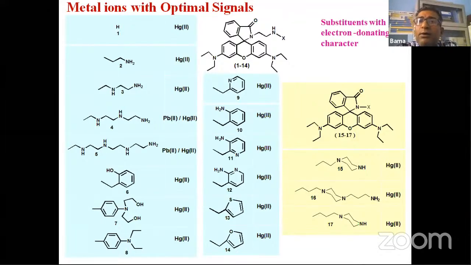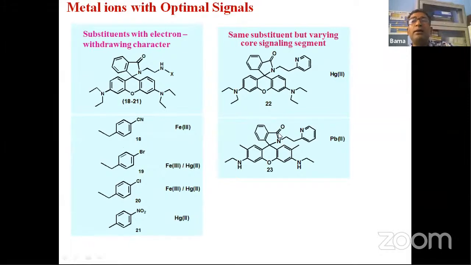We found that when this kind of molecule is substituted with electron donating character, basically they give selectivity towards mercury. Of course, there are a few deviations, but that depends on the electronic environment, the stereoelectronic condition of that molecule in that particular solvent. When an electron withdrawing group is attached here, in that case, it is primarily giving the selectivity towards iron.